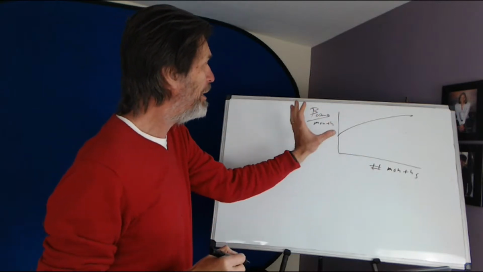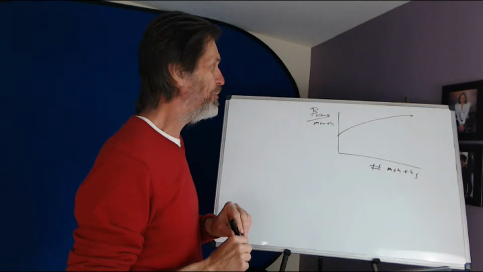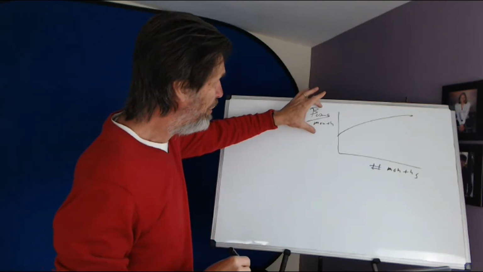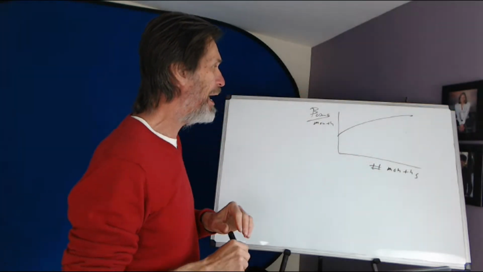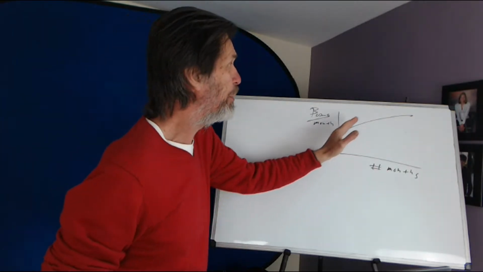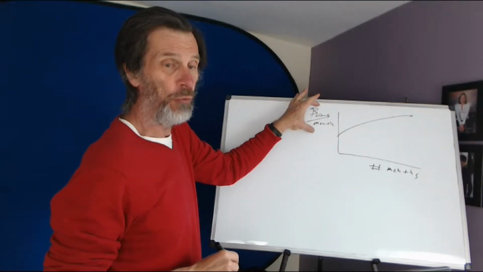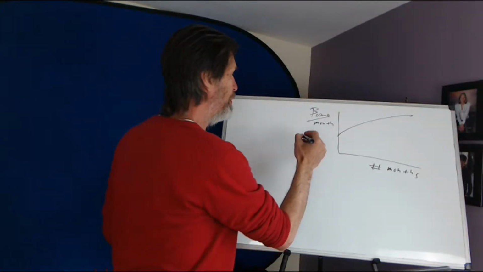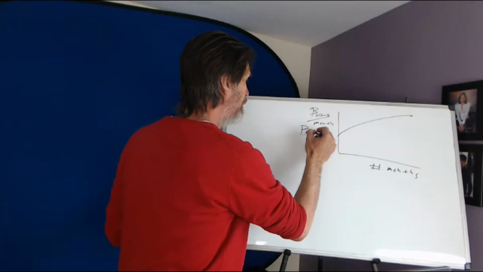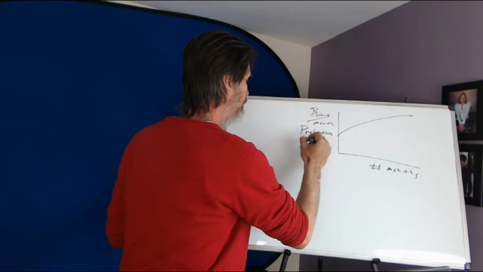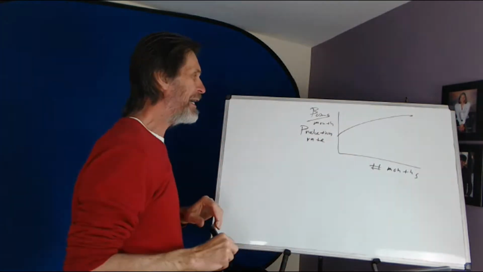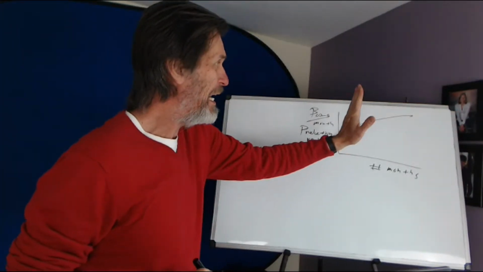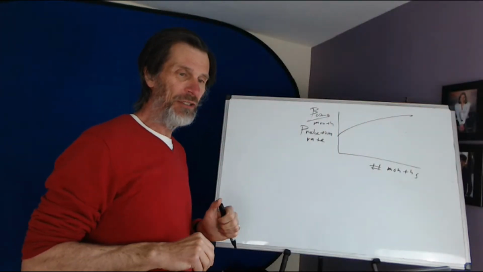The area under the curve will be the number of boxes produced, because it will be this unit times that unit. So anything regarding the curve will be the rate, the production rate, measured in boxes per month. And the area under the curve will measure the boxes.